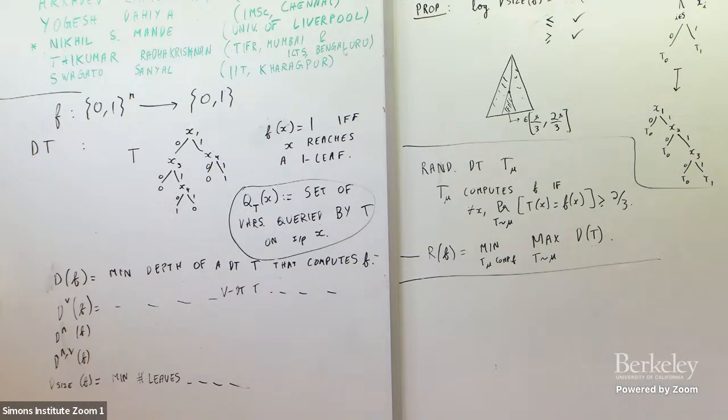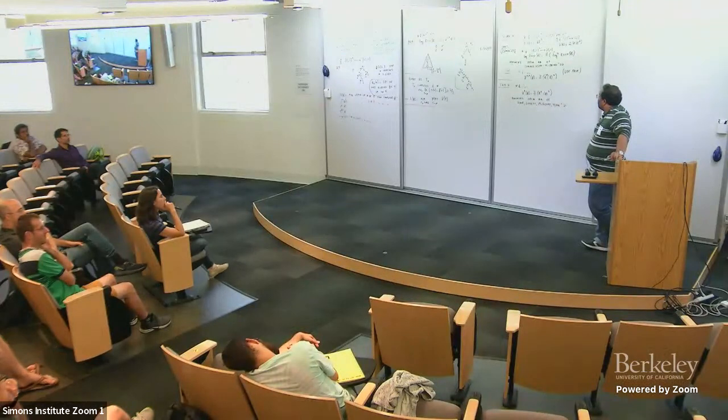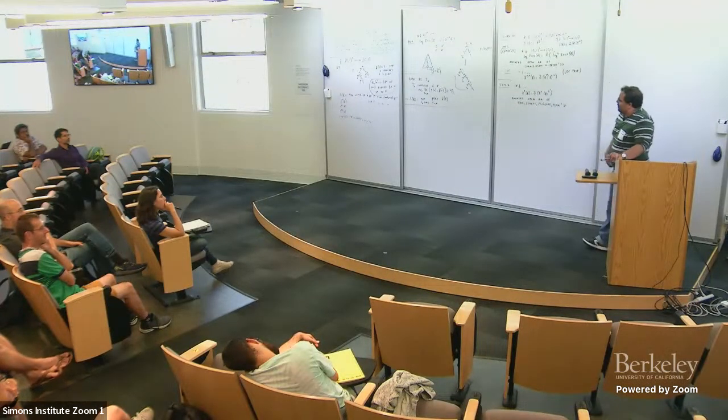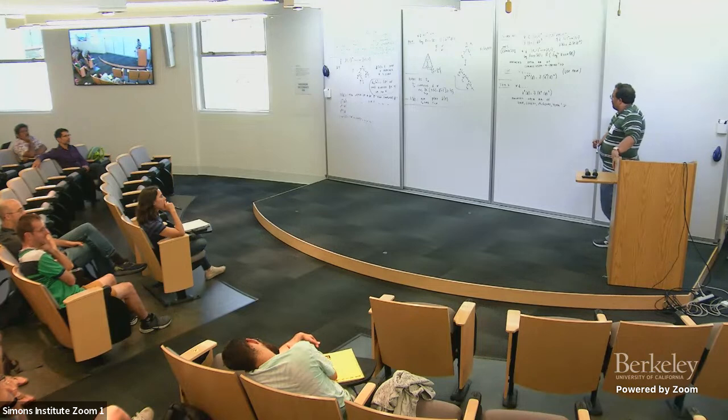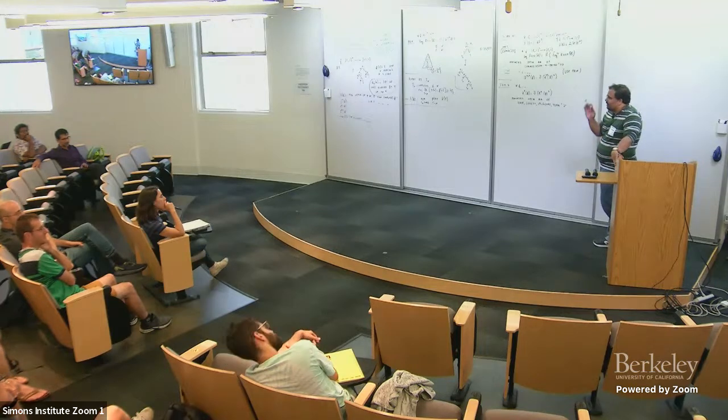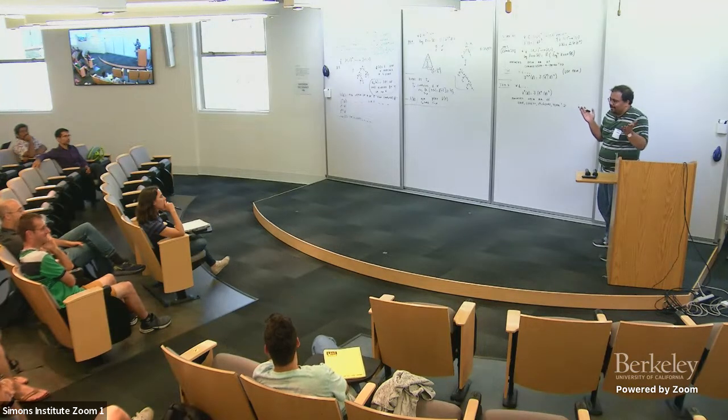Another notion of size, this DAG size. Sure. They're typically harder to analyze, I guess. Yeah, I don't know what happens with respect to DAG size. I'm not sure. Maybe proof complexity people might have a better idea of what happens. That's my guess.